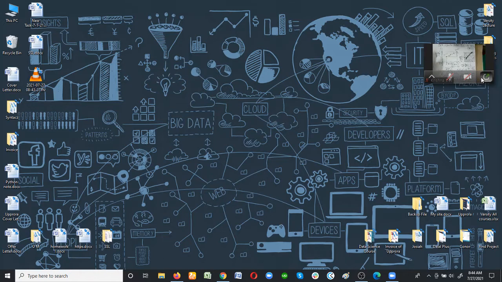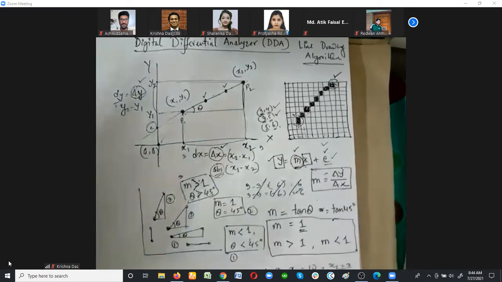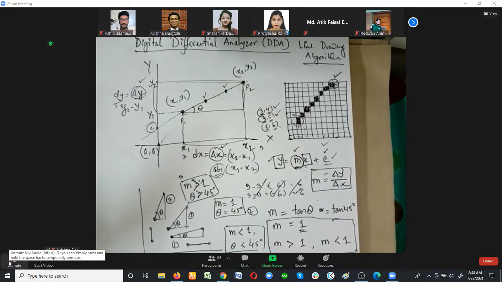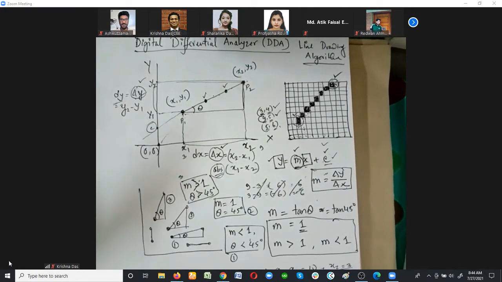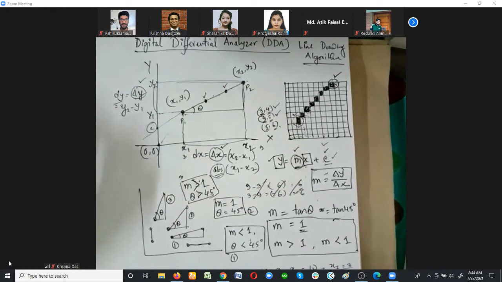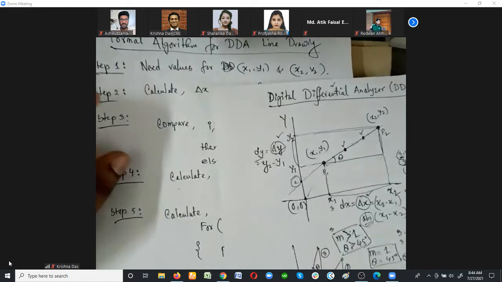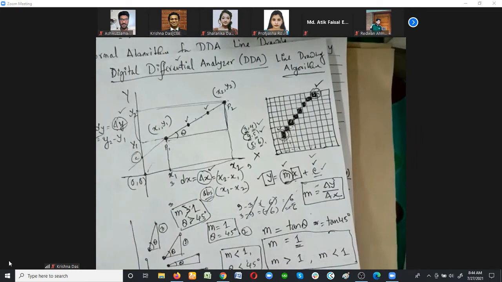And a few problems you have seen at different angles, that means the slope, according to which we can have the variation. So one of the concerns that we have in the DDA algorithm is the line you have got, say like this.